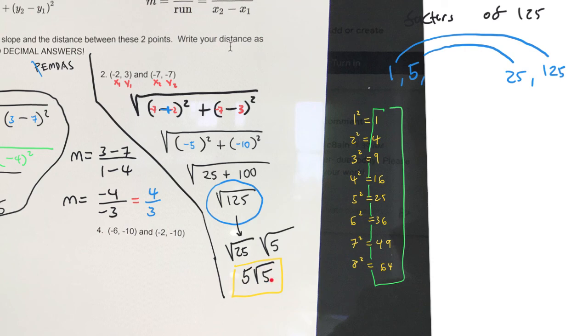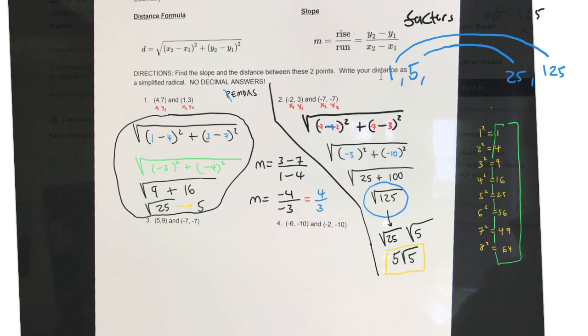Now if you plug that into your calculator, you're going to get some weird decimal, but remember, they said no decimal answers. They said that over here, right? No decimal answers. So that's their way of saying if you have a radical, we want you to simplify it.